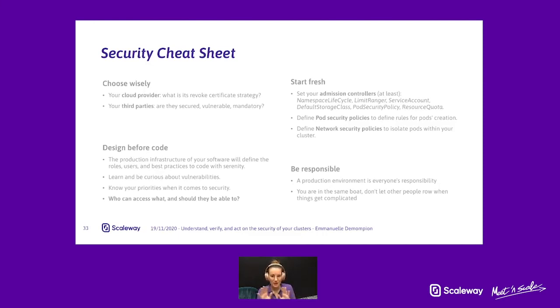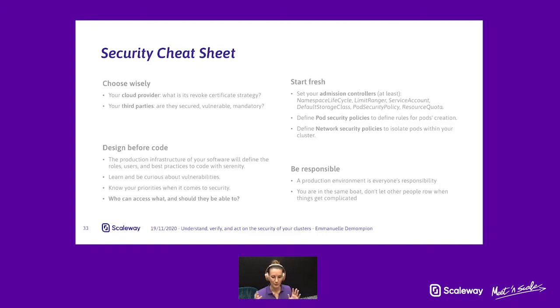Start with a clean environment, because defining security rules afterwards when you already have something in production is way harder, because you won't be able to detect easily what is defined and what has been forgotten. And just feel responsible, because a protected environment is the responsibility of everyone in the company.